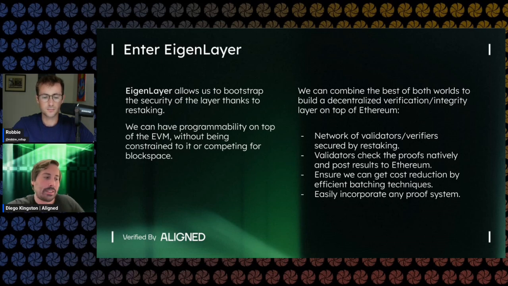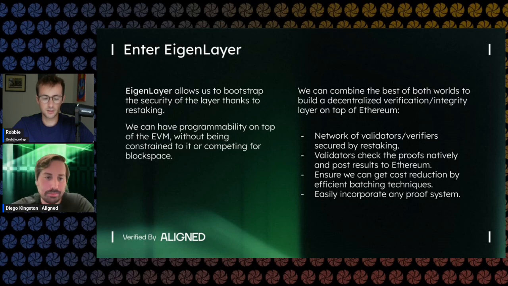If at least 2/3 agree on that, then it's more than enough to generate the aggregated signature, and then we post that to Ethereum. Ethereum then gets this signature and says, okay, this BLS signature, is it valid or not? And if it's valid, then it knows that the batch is valid and can update the state of the batch to verified. So that's the main advantage. You don't have any overhead. It's like running the verification with fewer nodes.